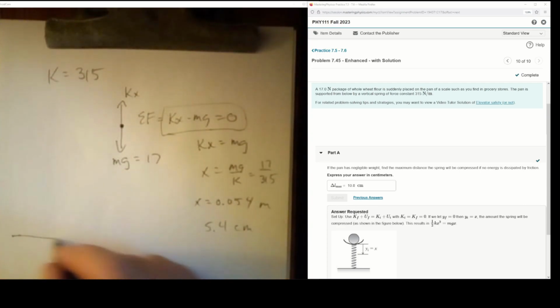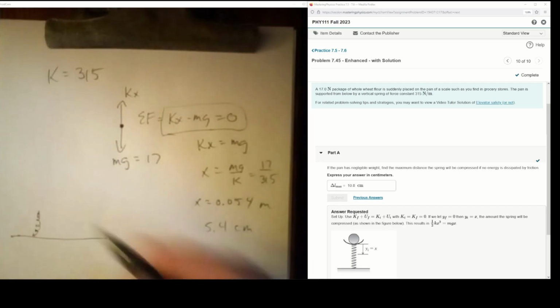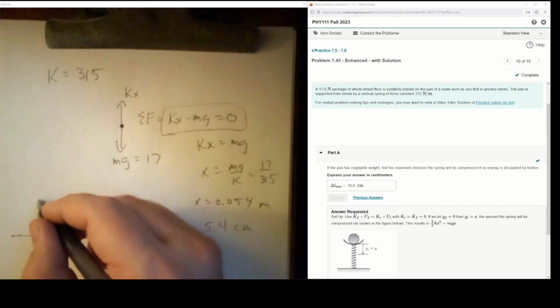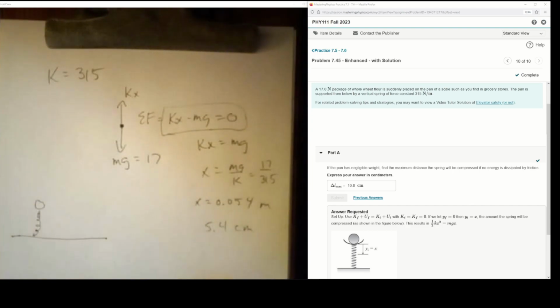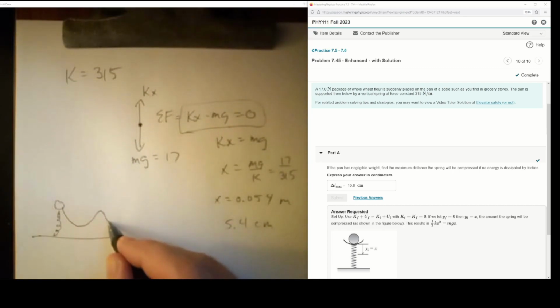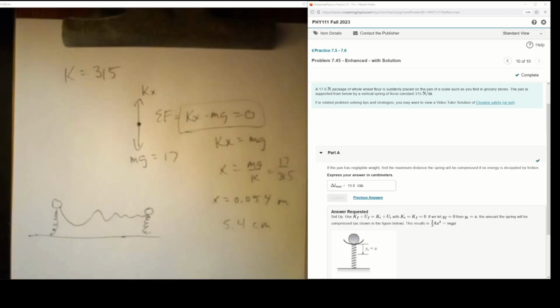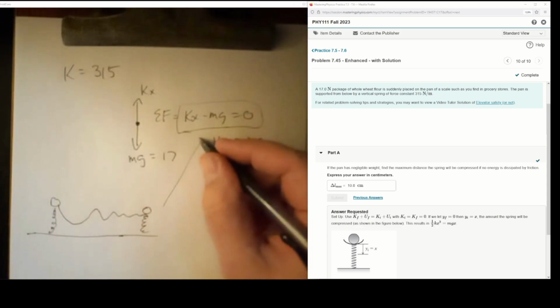But they're taking the position that when you put something on a spring, if you just drop your object, the spring will compress and then push up, compress and push up, until it reaches the point where it's at an equilibrium, just holding the object. And that's what I solved for.